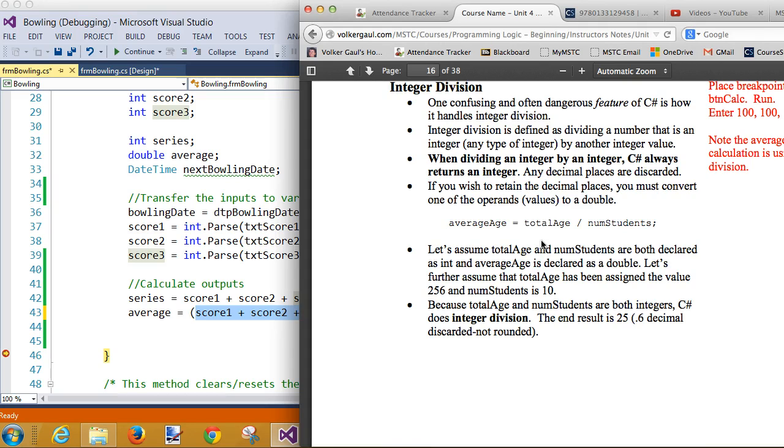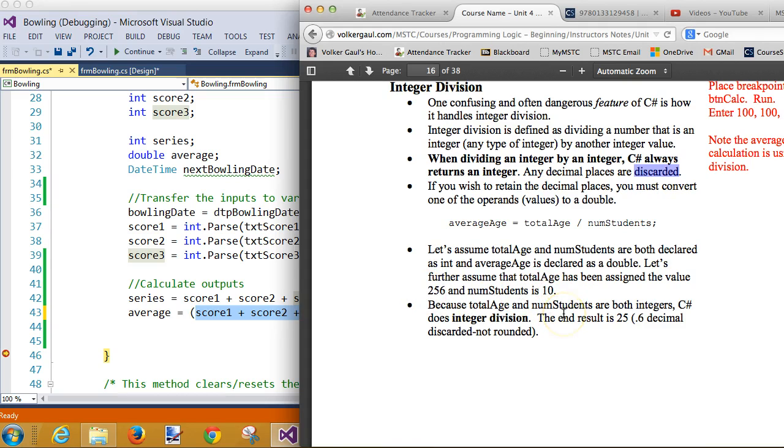But when you divide one integer by an integer, C# always returns an integer. The answer is an integer, a whole number. What happens with the decimal places? Discarded, pitched, gone. Ew. Total age, let's pretend it's 256. I added up 10 people's ages, and there's 10 students in that class.